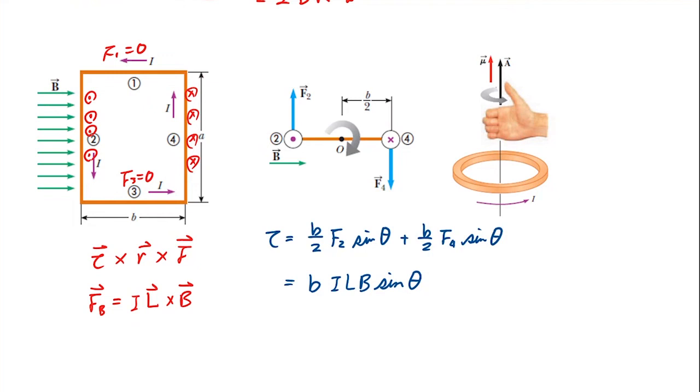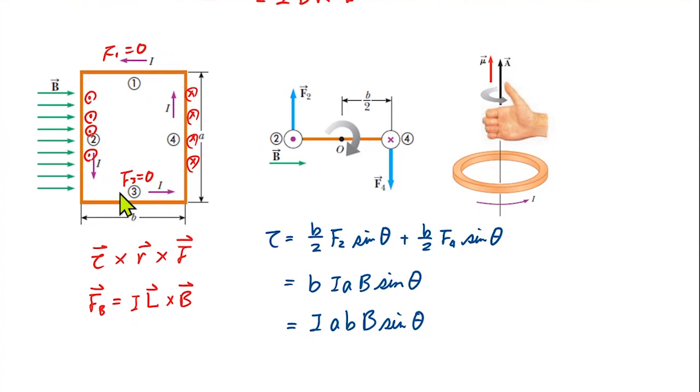Now, what was L, the length in this case? It's a, correct? So we replace this L with a now. With me? So what we have here is I, let's say a b, lowercase, and capital B, the magnetic field, and sine theta. Good?